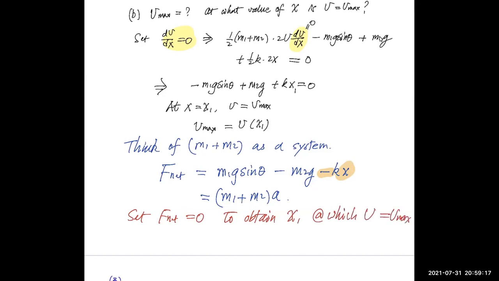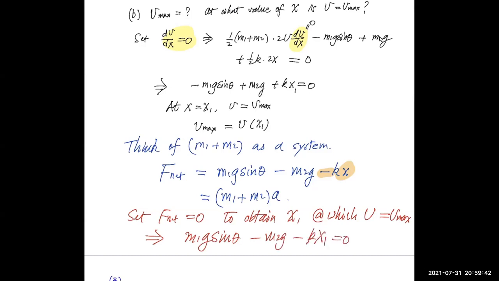Because before that point is reached, it keeps on accelerating with a positive acceleration. After that point is reached, the acceleration becomes negative and the thing slows down. Okay, so all you have to do really is set this equal to 0. So therefore, the condition for maximum speed is m1g sine theta minus m2g minus kx1 equals 0. That's how you find x1.